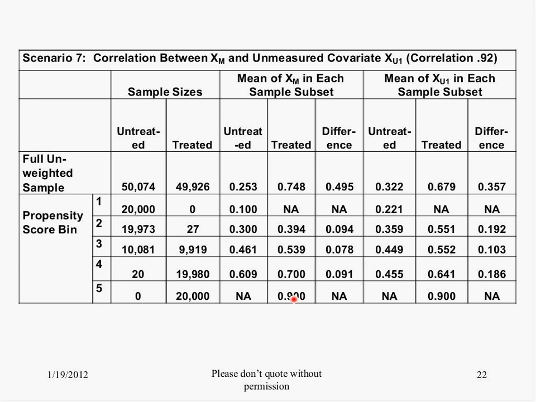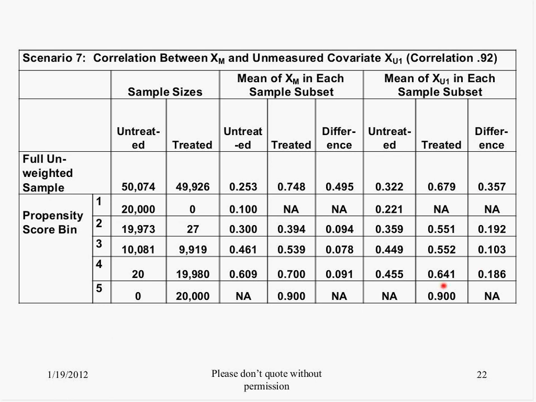But if you turn around and look at the good news, you can see that with this approach, we sure enough were still getting rid of the imbalance in XM between the treated and untreated groups. And if you look at XU1, which remember contains XM and this E term I described earlier, the portion of XU1 that's actually independent of XM, you can say, wait a second, this looks like it's lowering the difference in XU1 between the fully weighted sample and the propensity score bins.